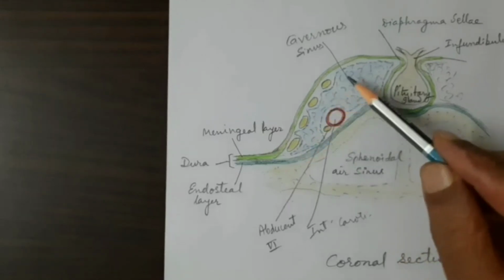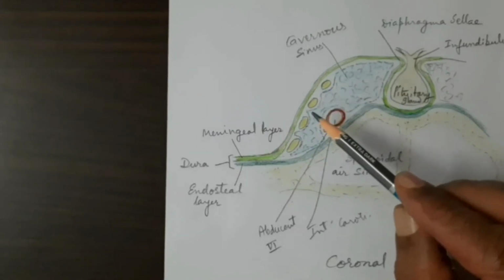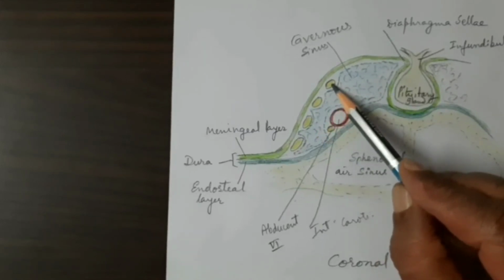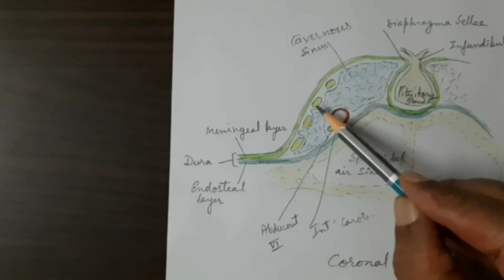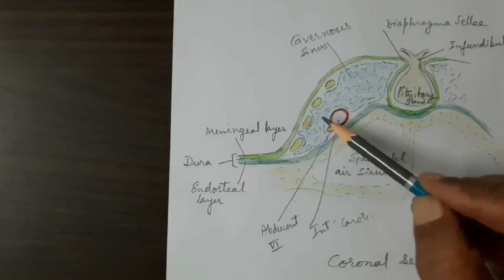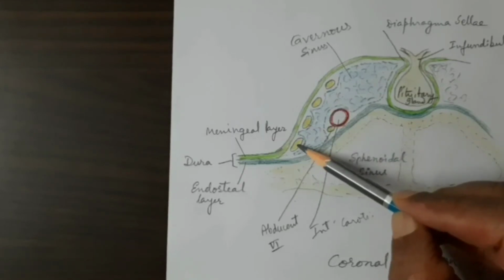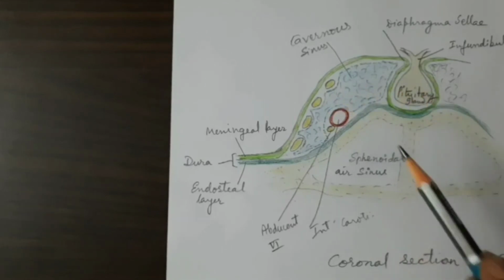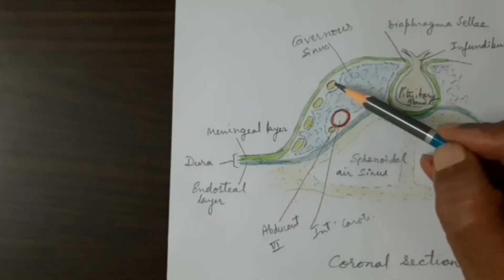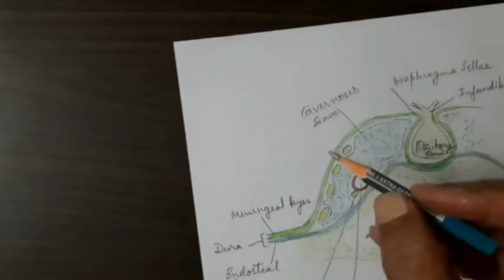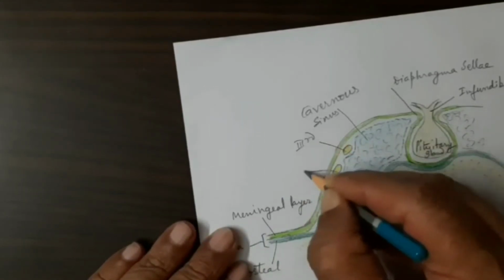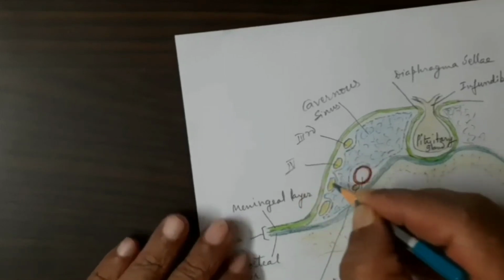Similarly, near the lateral wall, there are various structures. These are the cranial nerves: the fourth, the third, then the ophthalmic nerve, and the maxillary nerve. They are arranged here. This is the third cranial nerve, oculomotor. This is the fourth cranial nerve, the trochlear.